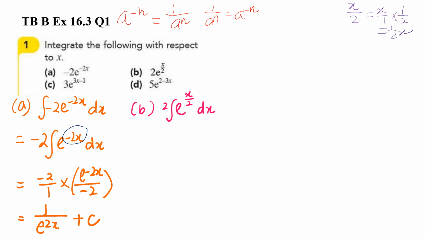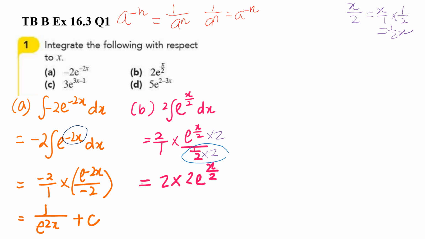So differentiating half x, you get half. And you can do a simple trick here: times 2 at the denominator, times 2 at the numerator. That's how you end up getting 2e to the power x over 2, because this will end up giving you 1. And of course, not to forget your constant c.